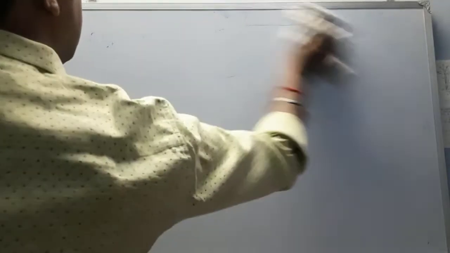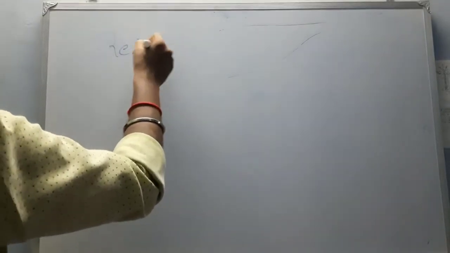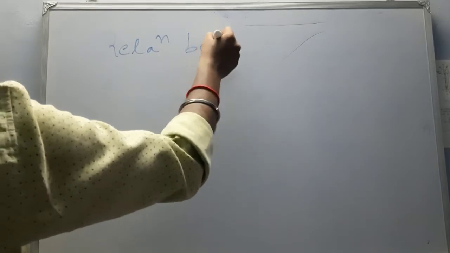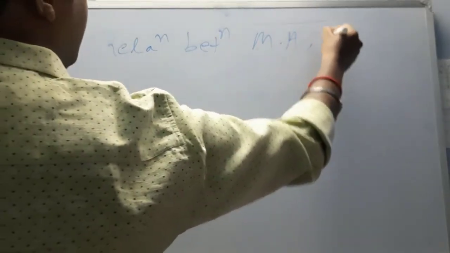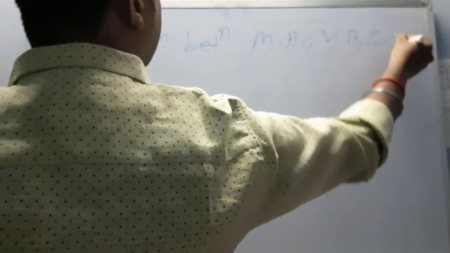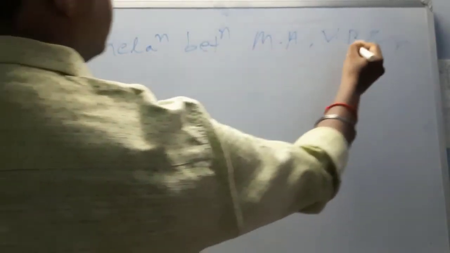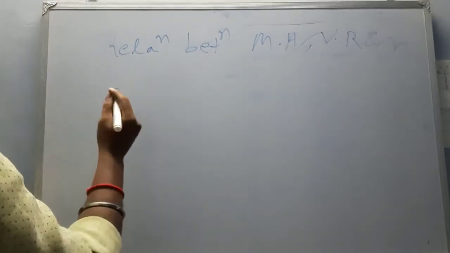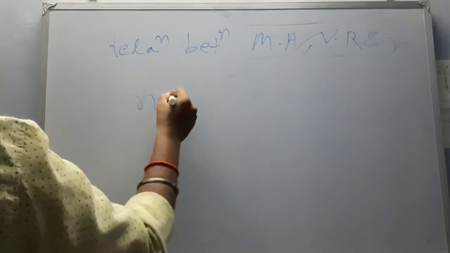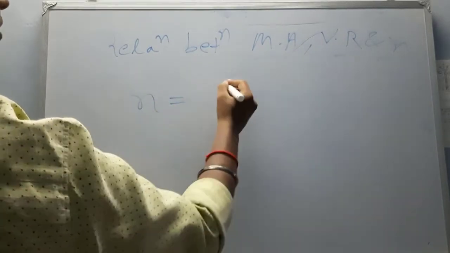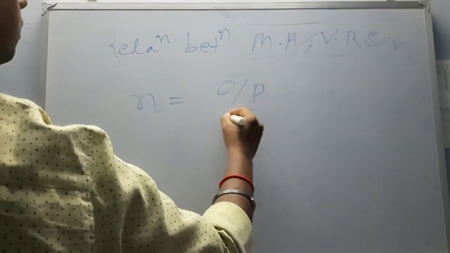Now, there is a proof of the relation between the three terms we learned, that is mechanical advantage, velocity ratio, and nu, the efficiency. How will we do it? As you know, nu is equal to efficiency, output by input.